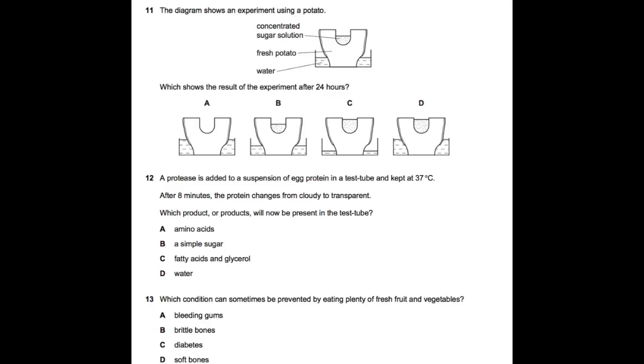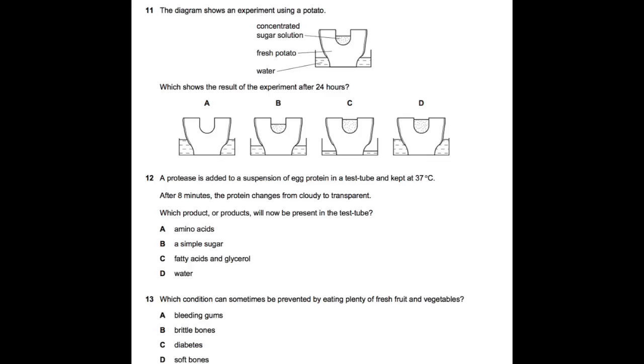A protease is an enzyme that breaks down protein. So, obviously, the answer will be A, because the result of a protein being broken down turns to an amino acid. If it was fat, the answer would be C, fatty acids and glycerol. But for now, the answer is A, amino acids.